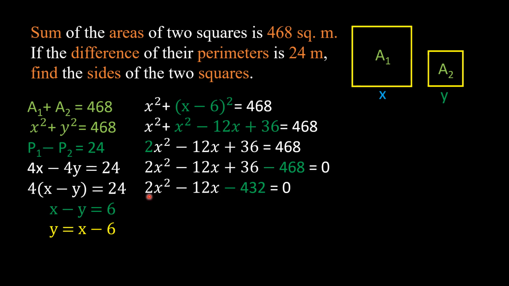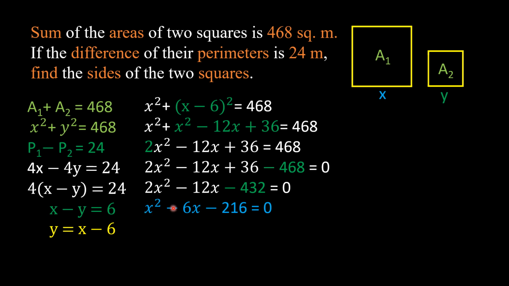Now 2, 12 and 432 have 2 as the common factor. So we will divide throughout by 2 and get 2 becomes 1, minus 12 becomes minus 6, minus 432 becomes minus 216.